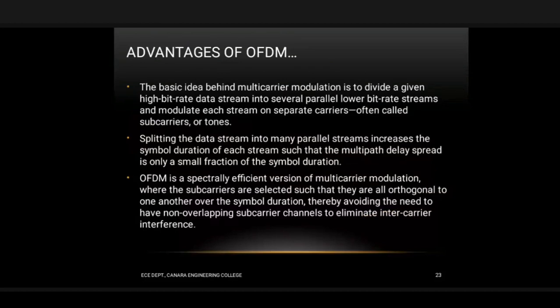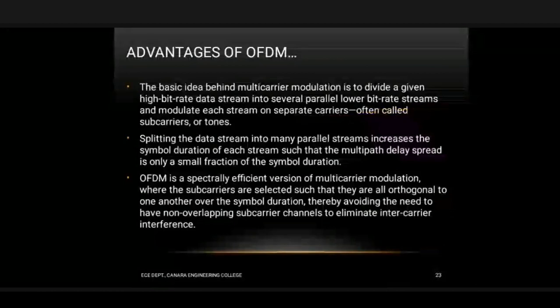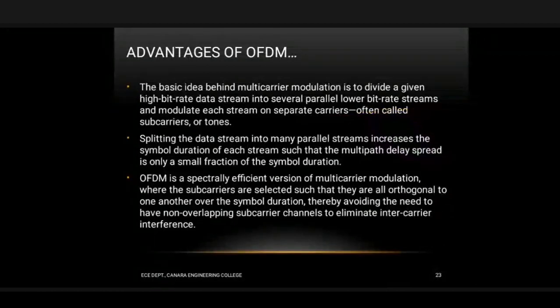The basic idea of multi-carrier modulation is to divide a given high bitrate data stream into several parallel low bitrate streams and modulate each stream on separate carriers, often called subcarriers or tones. Splitting the data stream into many parallel streams increases the symbol duration of each stream. Here is the keyword: it increases the symbol duration of each stream, such that the multipath delay spread is only a small fraction of the symbol duration. So we can easily counter the multipath interference.